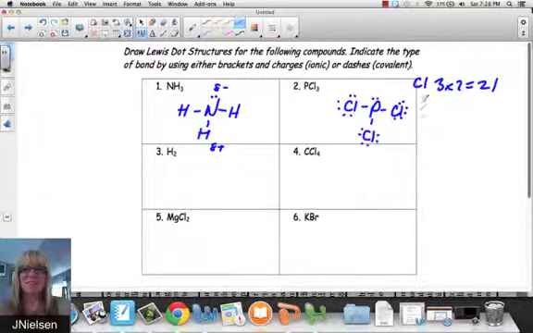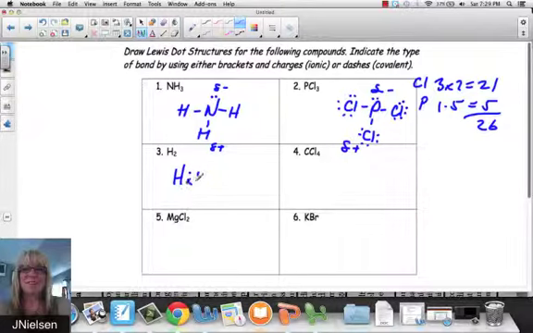And then for the P, we have 1 times 5, which is going to be 5, which gives us 26. So we've got 2, 4, 6, 8. 8 times 3 is 24, and 2 is 26. This is also polar. This side is going to be slightly negative, and this side slightly positive. The east and west on both of these cancel out. H2 is simply like this, nonpolar.